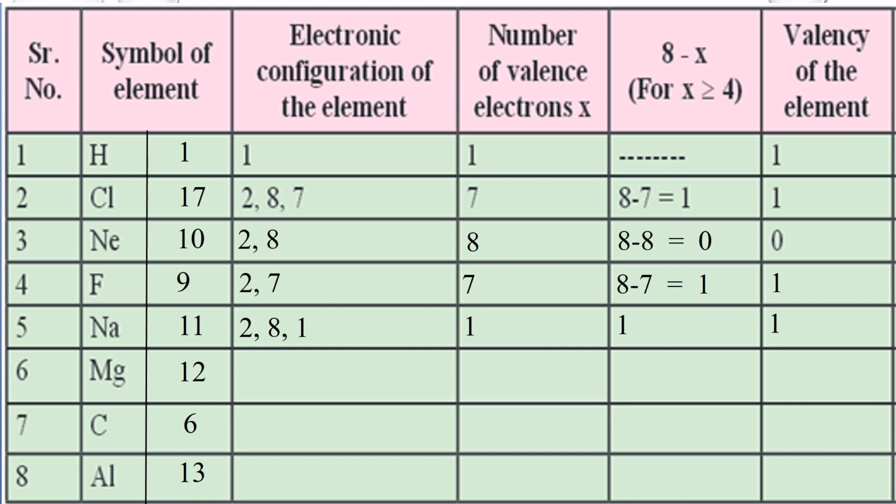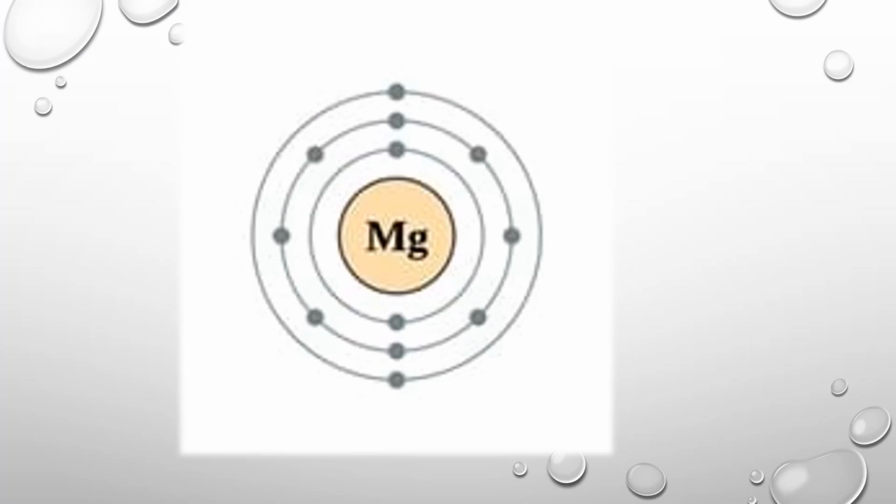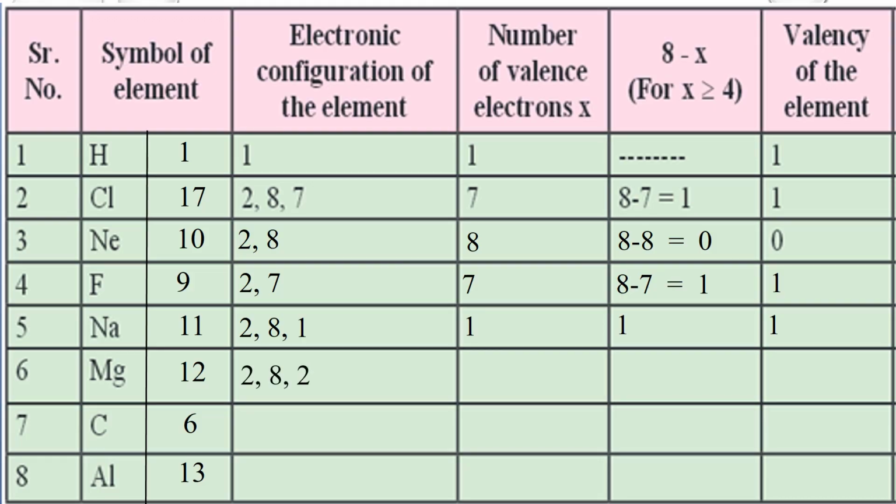Magnesium has an atomic number of 12. So this is how it's going to be formed. 12 electrons. From that, 2 I will put in the first shell, 8 in the second shell, and 2 again in the third shell. So the electronic configuration will be 2, 8, 2.